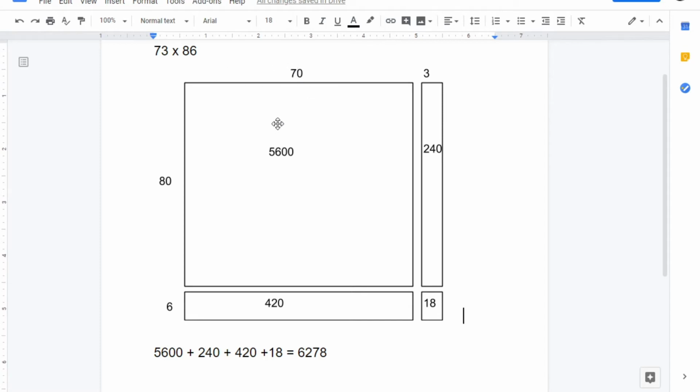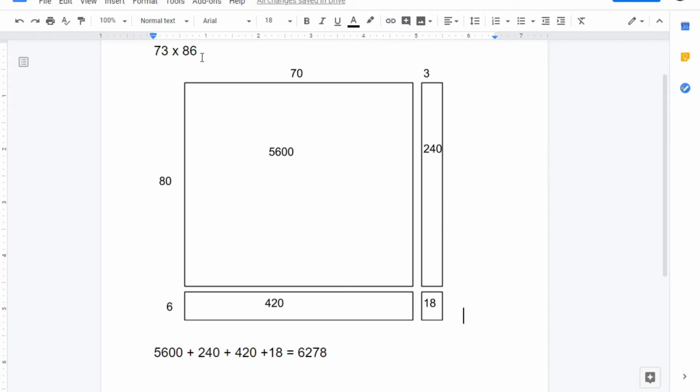Depending on which numbers you're good at multiplying, or if you're more comfortable multiplying different numbers, you can totally just break these up separately, and I'll give you an example of that in a minute.